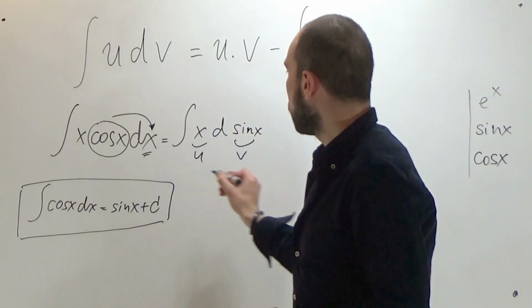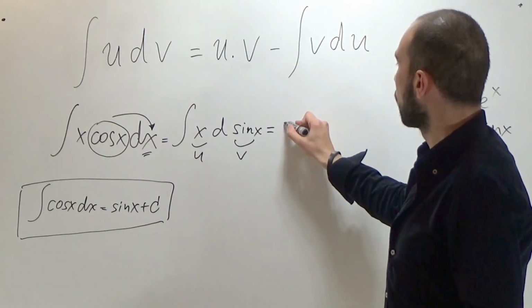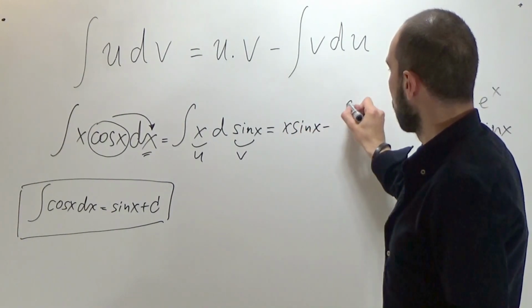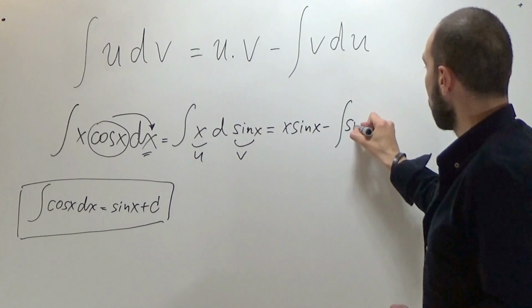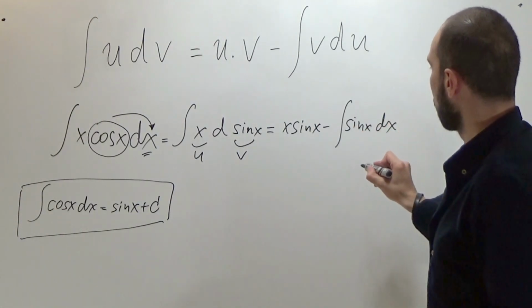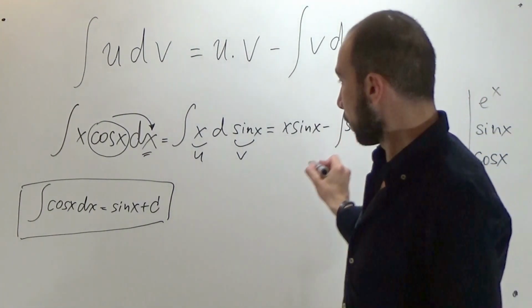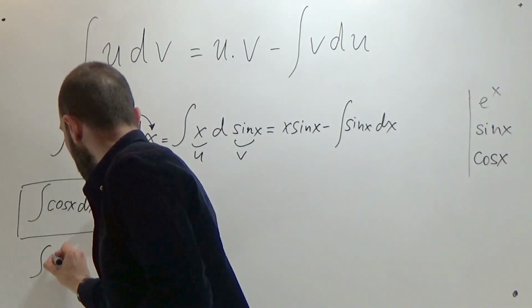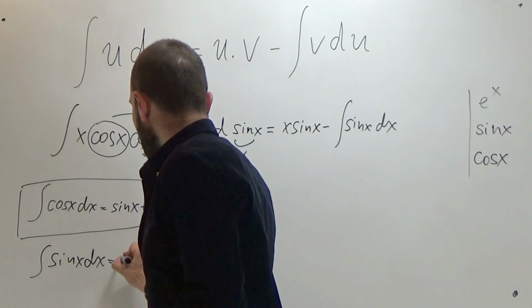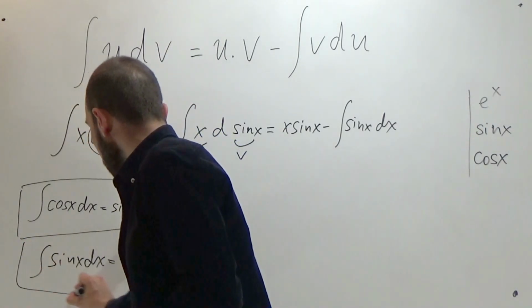We apply the formula. We know this integral, which is minus cosinus function plus constant.